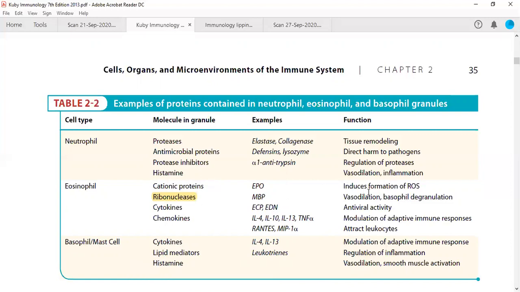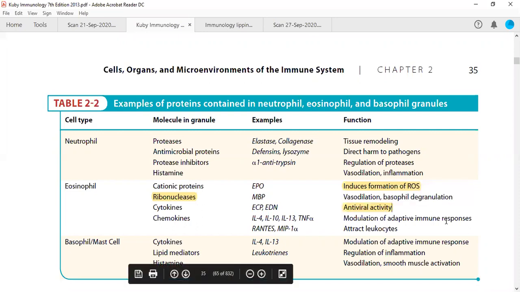So these cationic proteins, which are present inside the cytoplasm or granule, induce the formation of reactive oxygen species, and these reactive oxygen species can be secreted out of the cell to kill the multicellular parasites, right? So cytokines, for example, have antiviral activities.